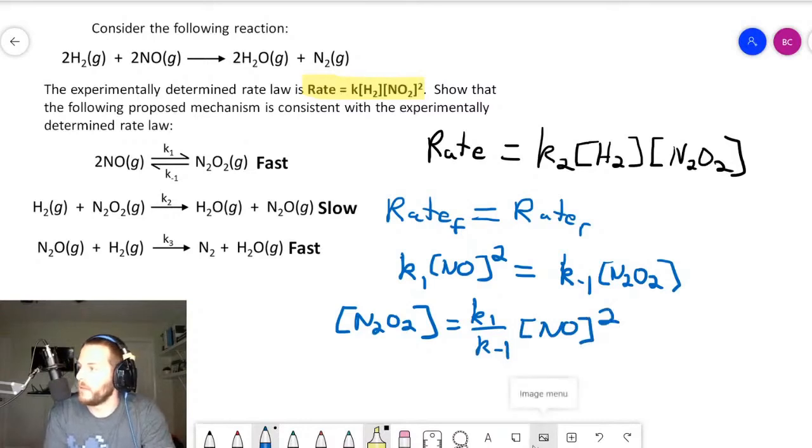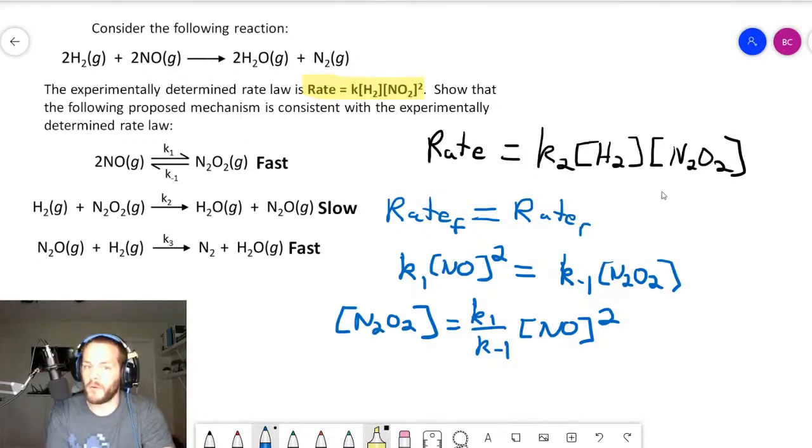Okay? So again, the reason why we're doing all this is because the rate law predicted by the mechanism has to be consistent with the experimentally observed rate law, and in order to be consistent, it cannot contain any intermediates.